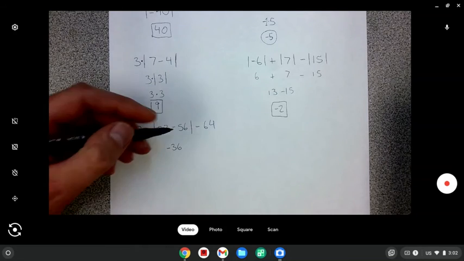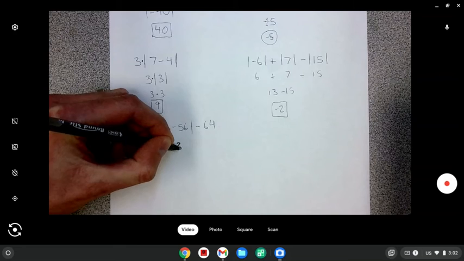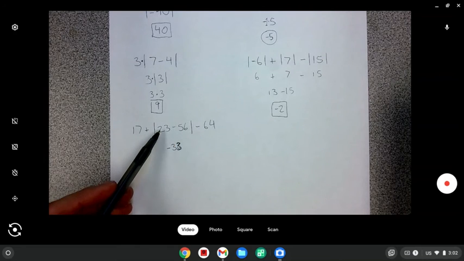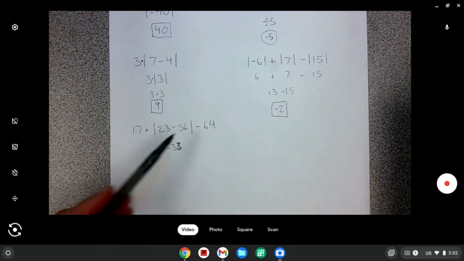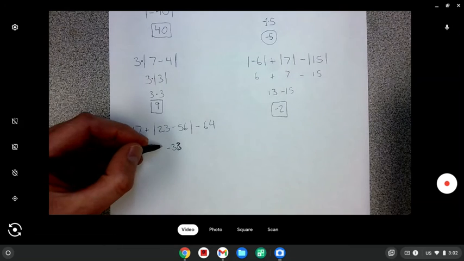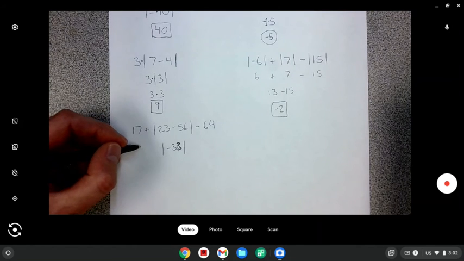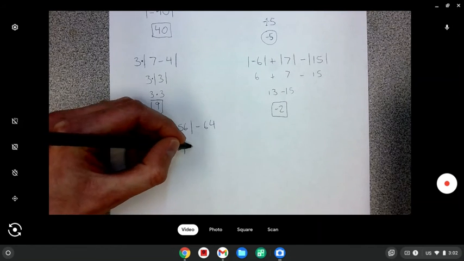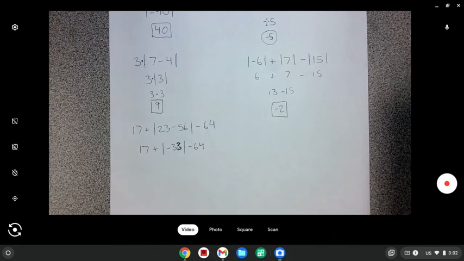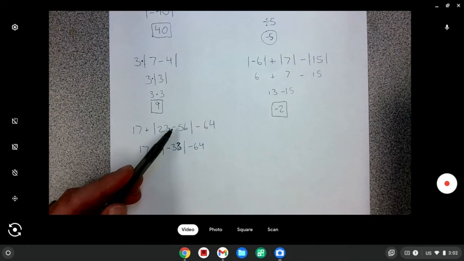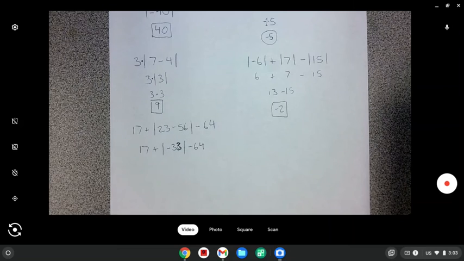No, that's wrong. 33, that seems right. 20 plus 30 is 50, 3 plus 3 is 6. Yes, there we go, negative 33. So I added up in my head is how I've tried to figure that one out.